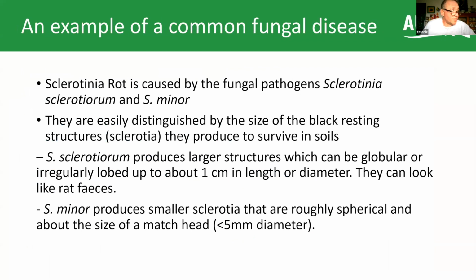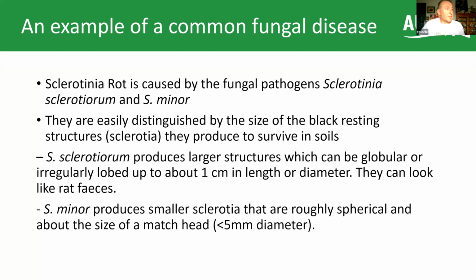Okay, so let's look at an example of a fungal pathogen, and one that you're probably very familiar with, Sclerotinia rot, and it's caused by the fungal pathogens Sclerotinia sclerotiorum and Sclerotinia minor. They're very easy to distinguish just from the size of those black resting structures, the sclerotia, which are the survival structures in the soil.